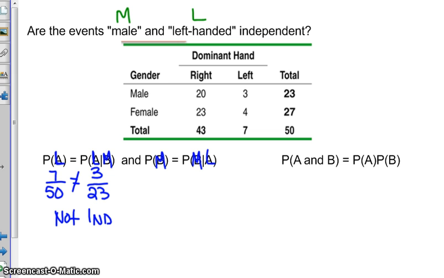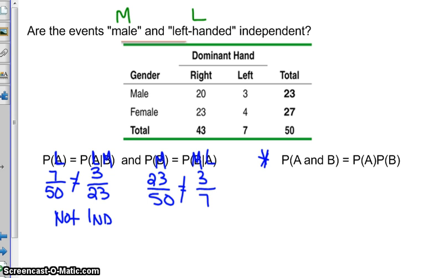The probability someone's male is 23 out of 50. This time, given they're left-handed, so that's your 7, 3 of them are males. Again, not equal. Then you can type them in to see your decimal values. Or we could go to the other definition, which a lot of times is easier for people to look at.